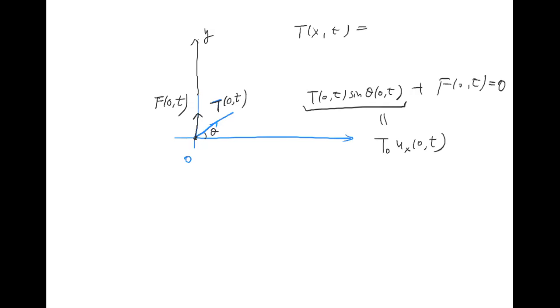The vertical tension component is T0 plus u sub x square, and the sine theta is u sub x.